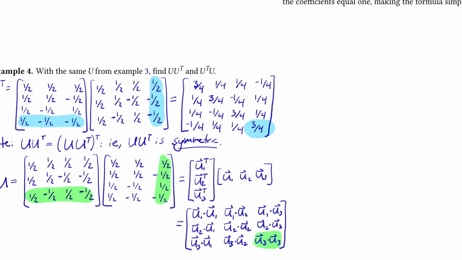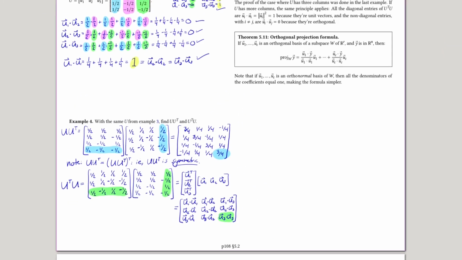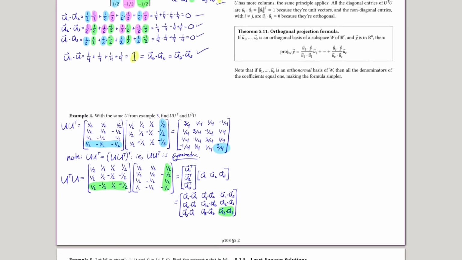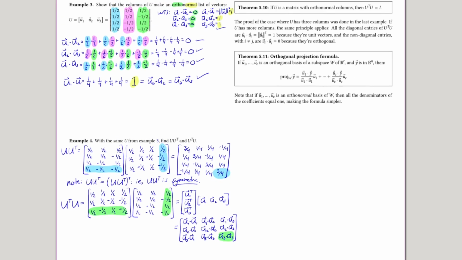Now, what do we know about all of these dot products? Well, let's zoom out a little bit. Let's look up here. We found that u1 dot u2 is 0. So maybe I can highlight in green all the ones that should be 0 because these are orthogonal. So that's u1 dot u2, we did u1 dot u3 was 0, and u2 dot u3.